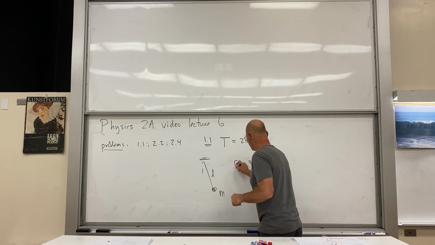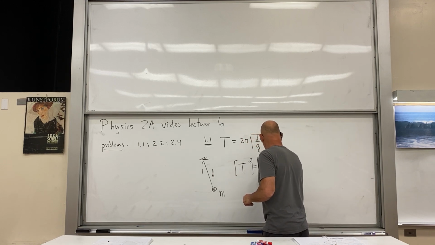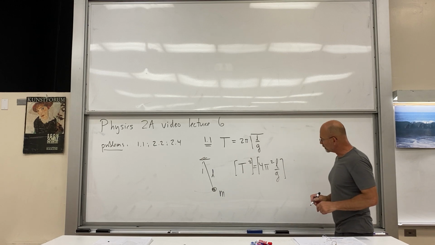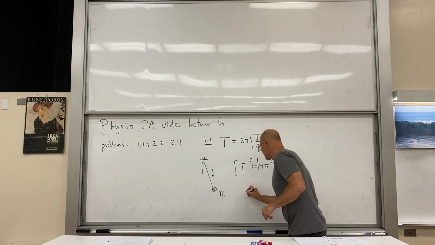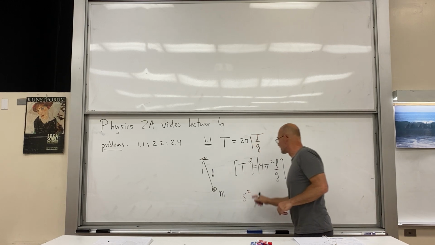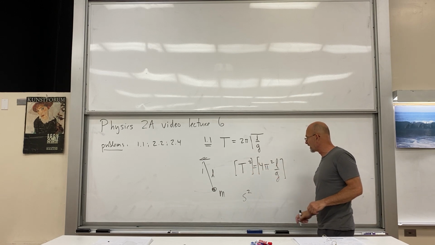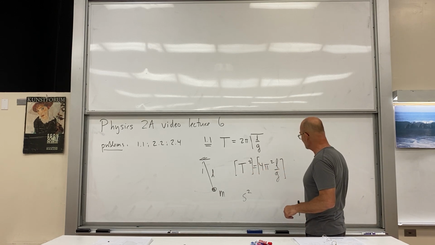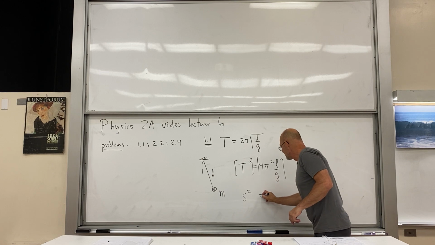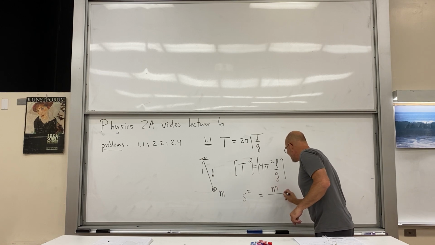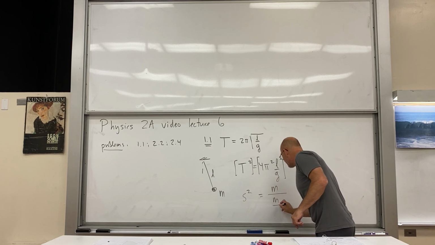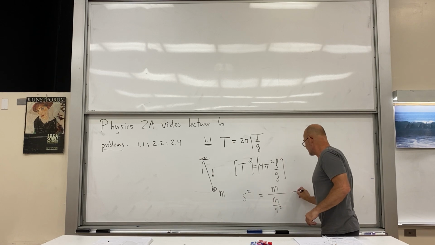So the next thing is to ask what are the units, and we know on the left side we have seconds squared, period in seconds squared. 4 pi squared is dimensionless, L is meters, and g is meters per second squared.